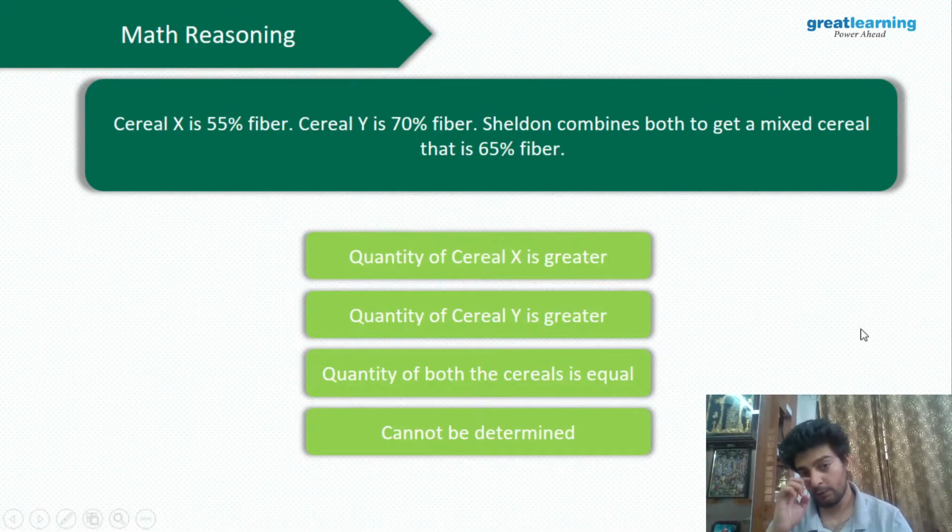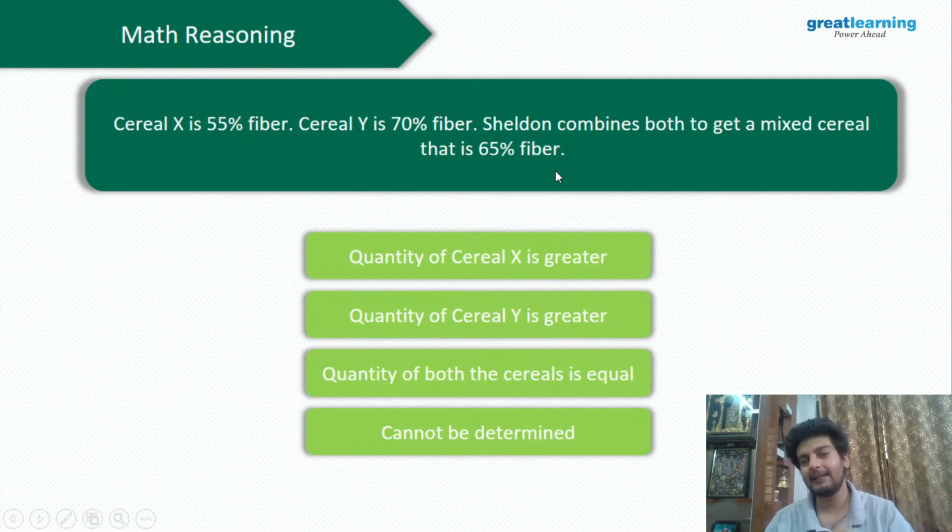So to all of you who said that the correct answer would be B, all of you are right. Because it is very clear that cereal X has 55%, cereal Y has 70%. Now if you take the average directly, that's 125 by 2, which would be around 62.5.